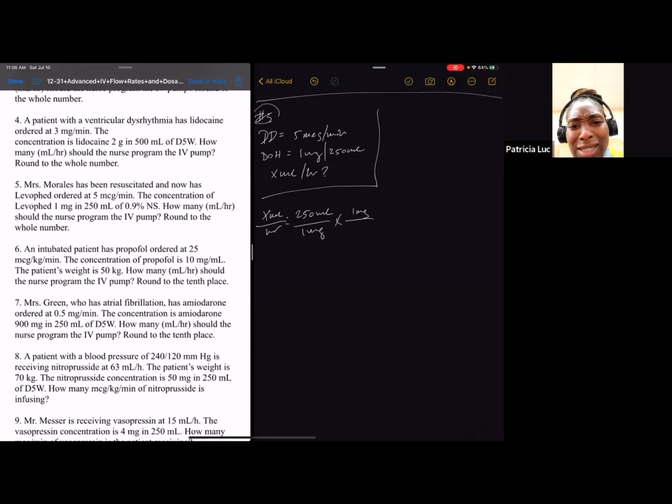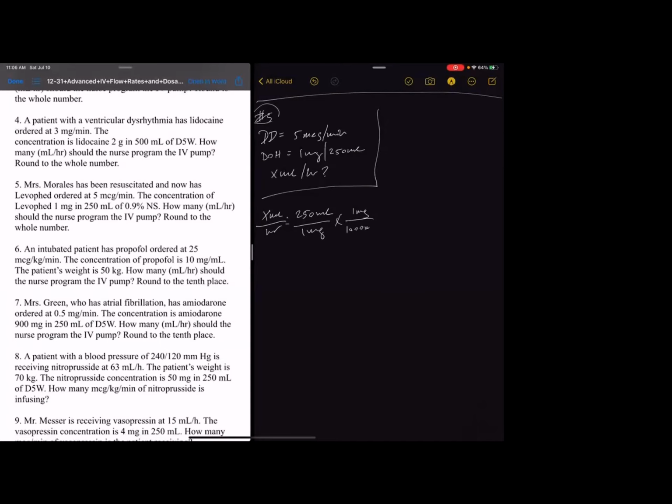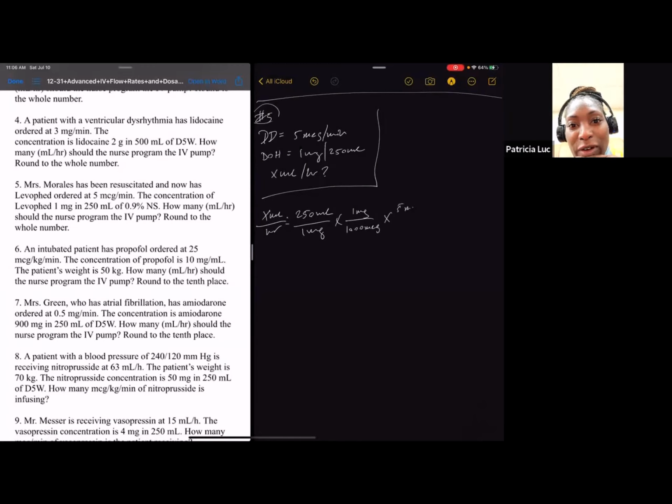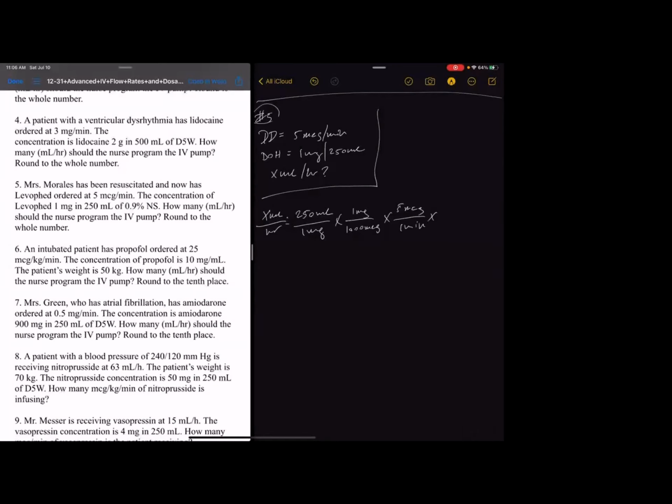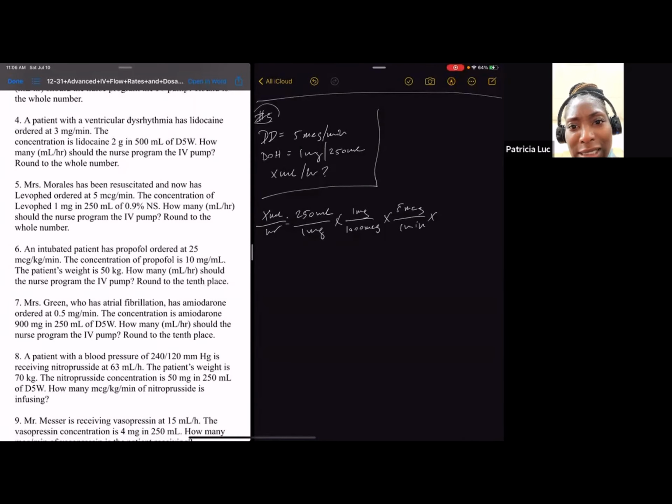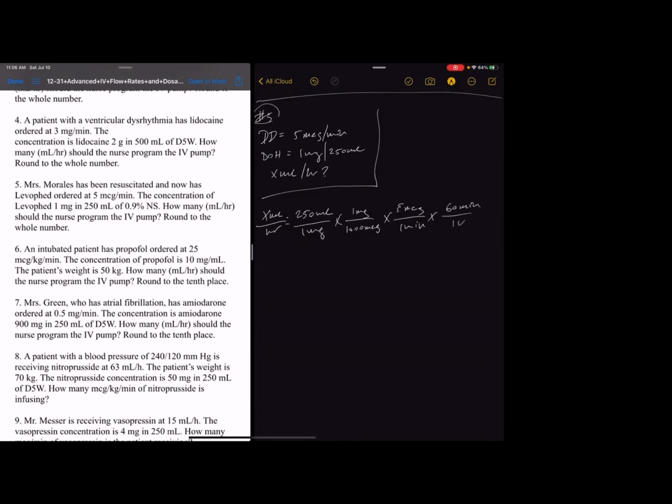Is that 1,000? It's 1,000. So now we have 5 micrograms over a minute, right? We don't need minutes, so what do we need? Hours. So how do we convert that? 60 over 1. 60 minutes in 1 hour.